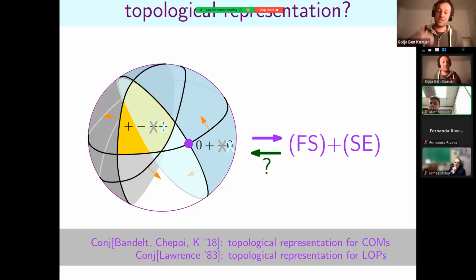In one direction it is true: everything that you represent this way will be a complex of oriented matrices, but it's open whether every complex of oriented matrices can be represented in this way. We conjectured this a couple of years back, but also for lopsided sets, which are a special case of COMs, this was already conjectured by Lawrence in the 80s, and it's open.